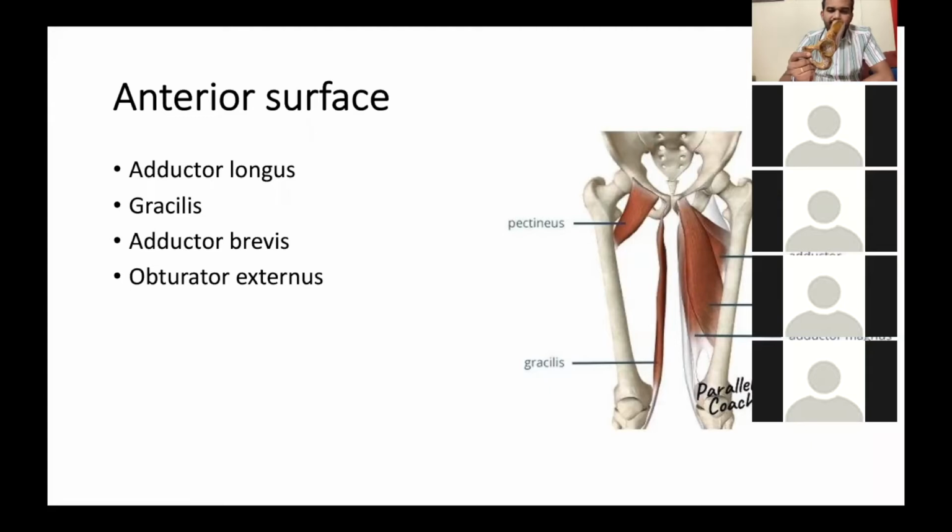Adductor brevis is attached to the anterior surface of the body of the pubis. The obturator externus muscle is also attached to the anterior surface. So the anterior surface provides attachment to adductor longus, gracilis, adductor brevis, and obturator externus.